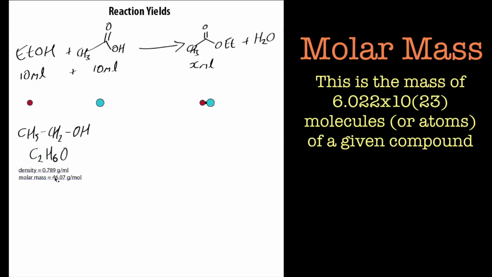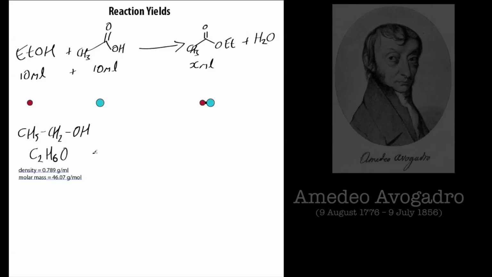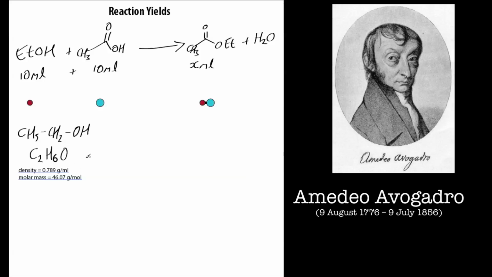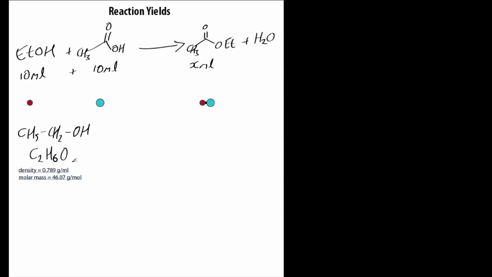Without going into too much detail about how we work out the mass, because that's covered in the Avogadro and mole tutorials, which I urge you to look at, basically it's 2 times 12, which is 24, plus 6 times 1, which is 6, plus 16 for oxygen, which gives us 46.07. So that's how we get the mass. We base it on the mass of each element added together in the formula. Okay, so that being said, you'll notice I put density here.